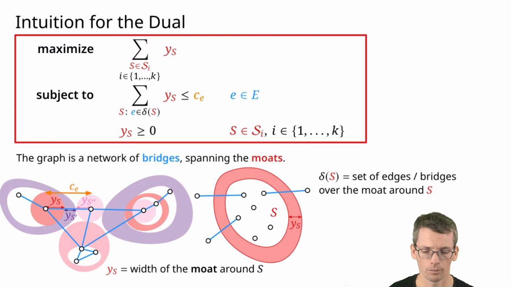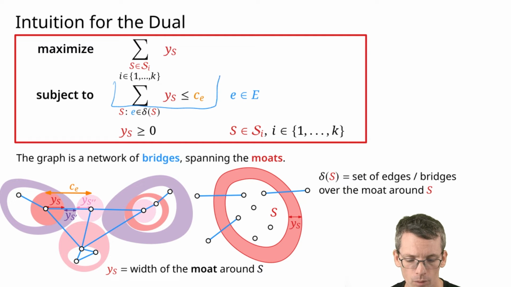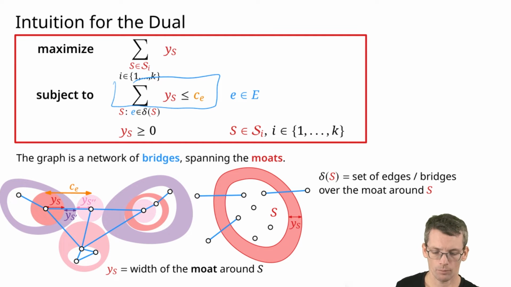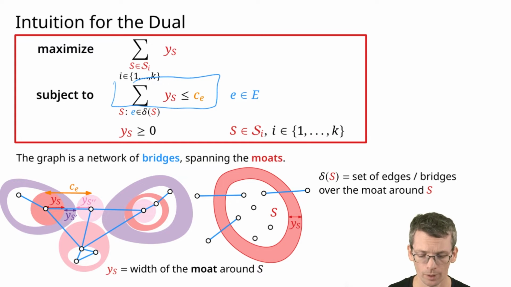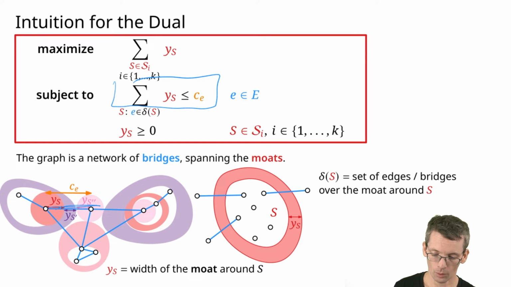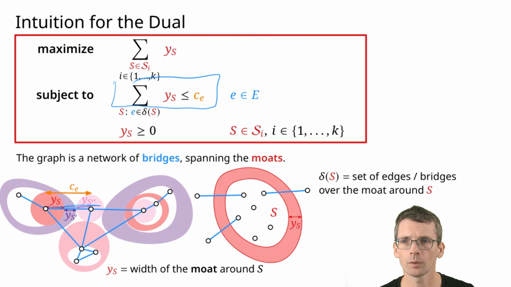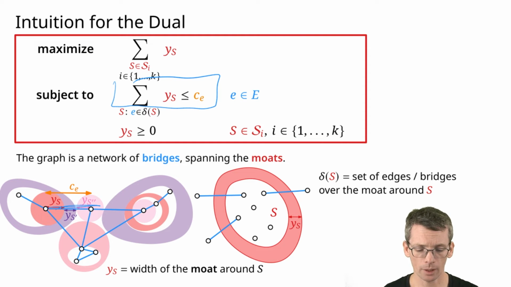And the interpretation then of this constraint is to say, I'm building moats. I want to increase the sum of widths as far as possible, but beneath each bridge, the width of the moats under that bridge cannot be overall wider than the bridge itself. So that's an interpretation which we will be using later once more.